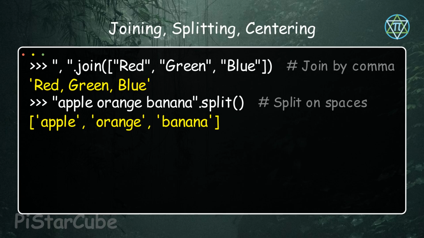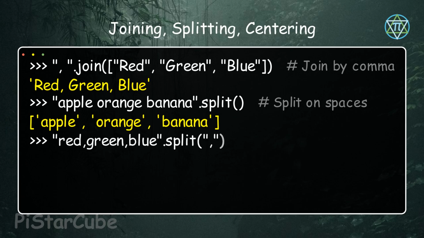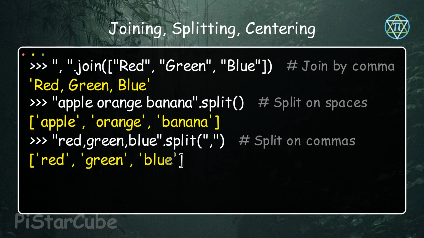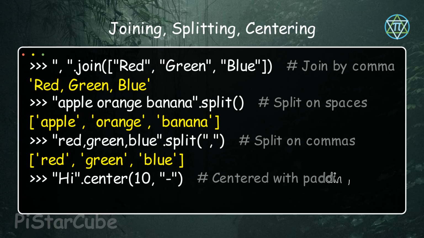So "apple orange banana" becomes 3 separate words. You can even split by commas. And here's a neat trick to center the text. The center method lets you pad a string with characters to center it. So "hi" becomes dashes, "hi", then dashes. These methods are great for formatting and organizing the text.